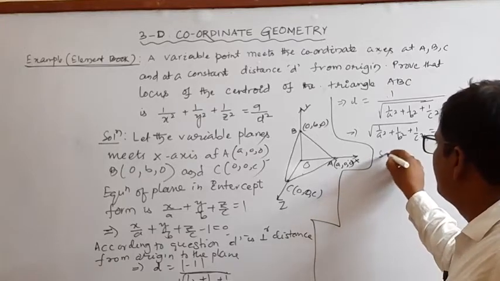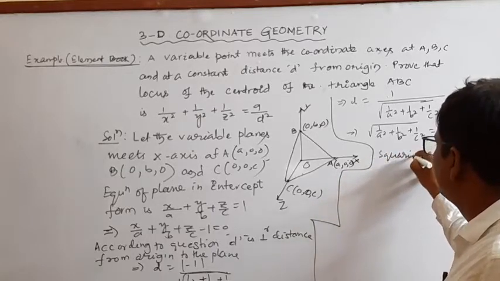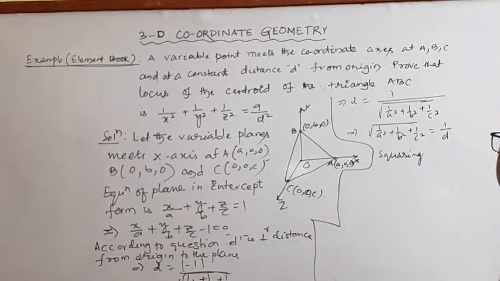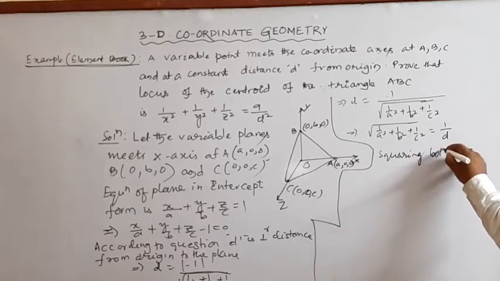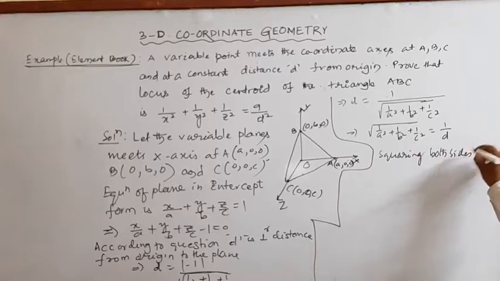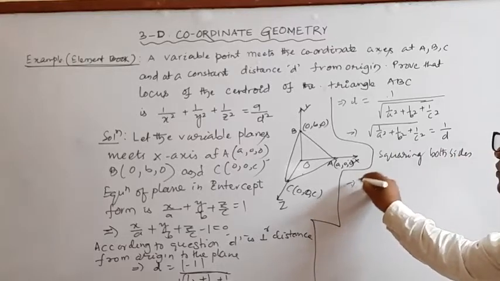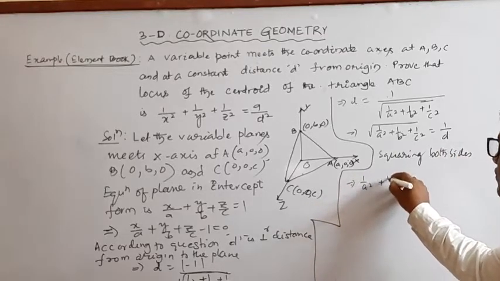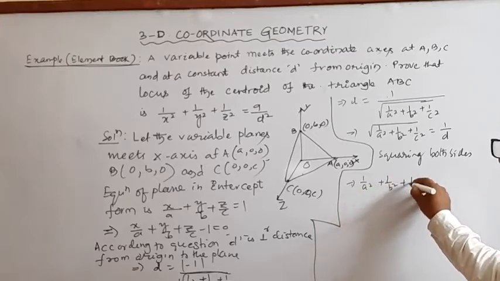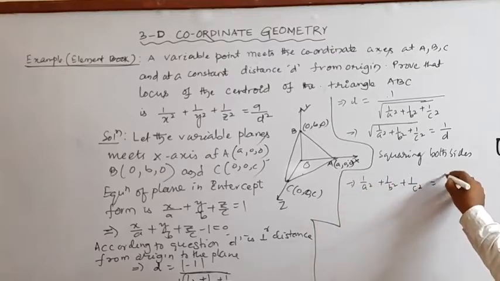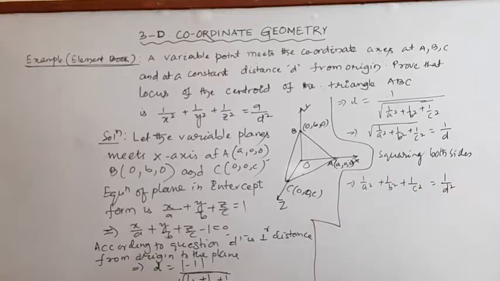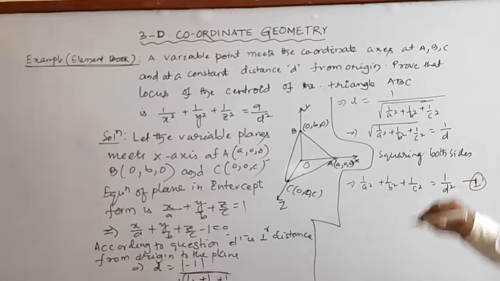Squaring both sides, we get 1 by a square plus 1 by b square plus 1 by c square is equal to 1 by d square. Suppose this is equation 1.